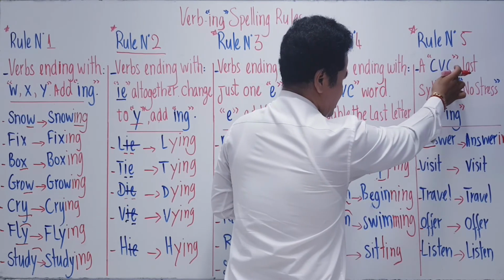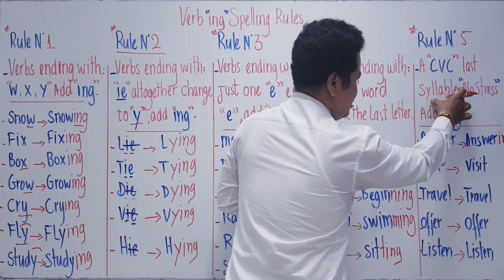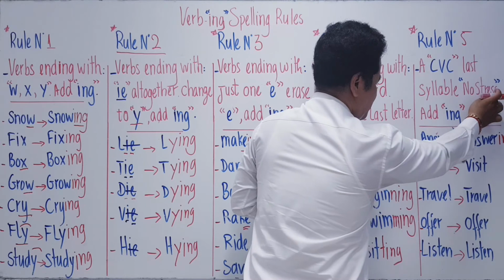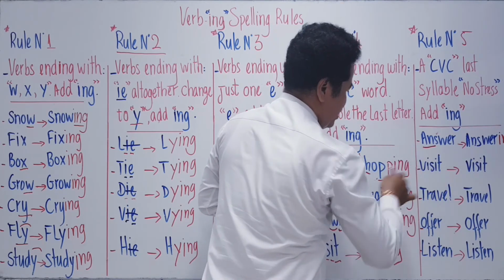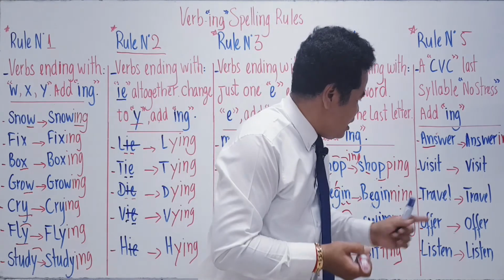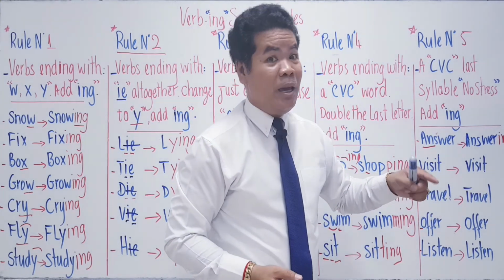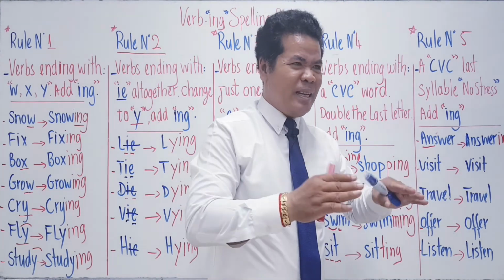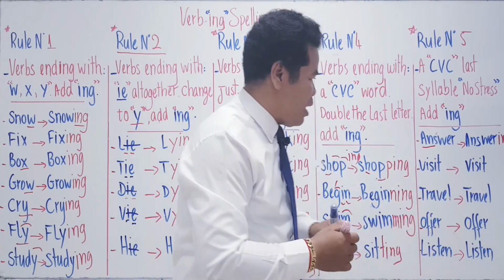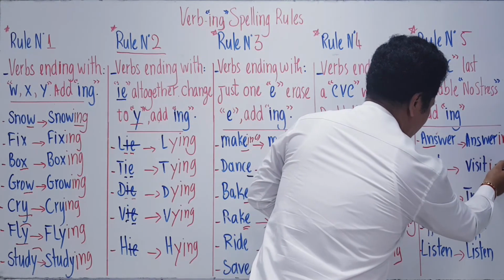CVC ending, and then the last syllable has no stress. Okay? Like this verb. What do you say? Do you say visit or visit? You say visit, no stress. That's why you cannot double the last consonant. You just add ing.